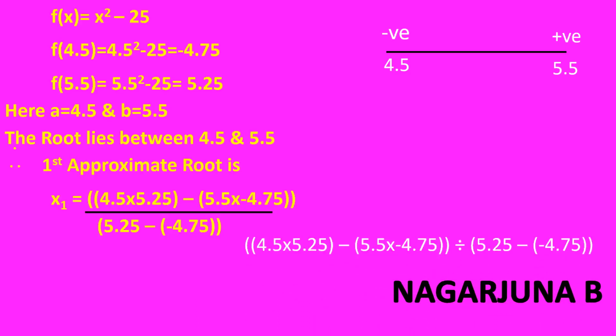In the calculator you need to write in this format: open the bracket 4.5 into 5.25, close the bracket, minus, open the bracket 5.5 into, here use the minus sign which is present in the calculator.